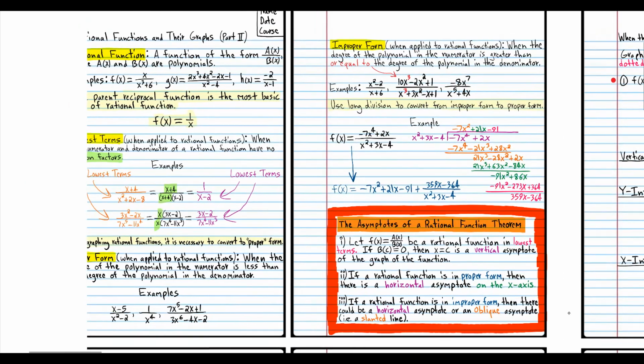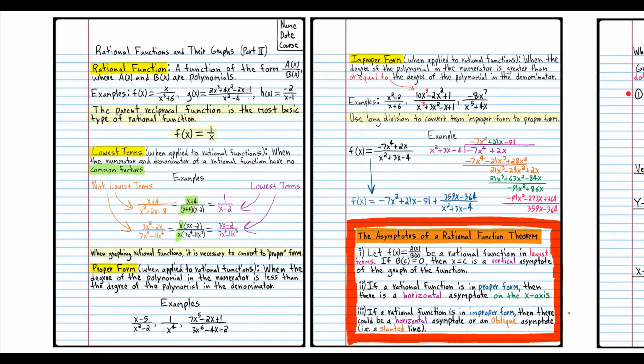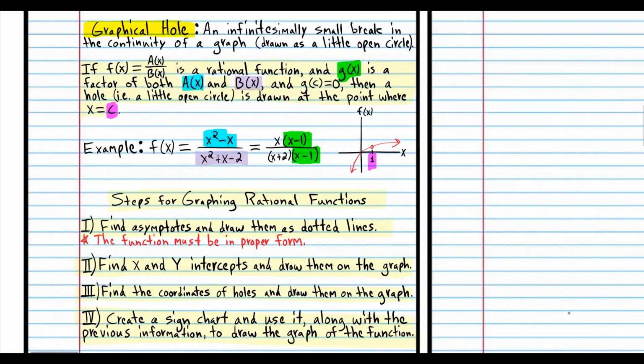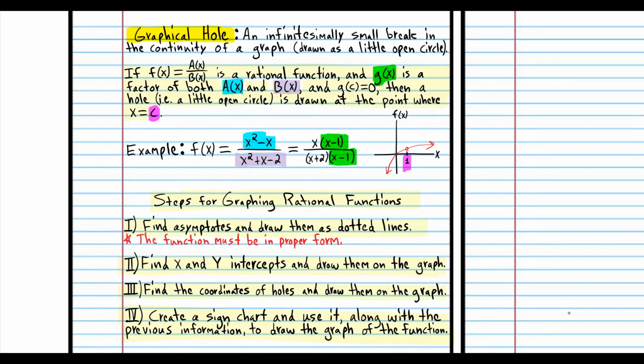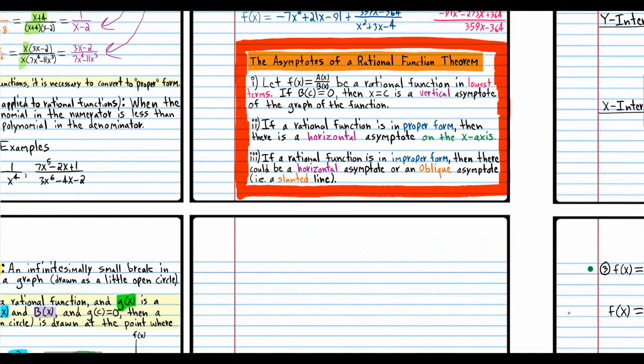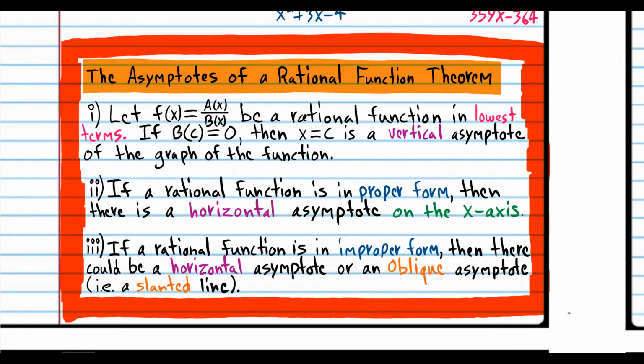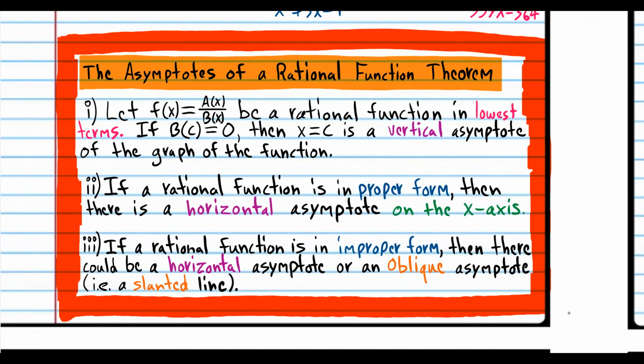So I want you to get a picture of all this information and get a picture of this information here. Most of this information you've already seen, but we just have that extra part here that you have not seen. So again, in the previous class, we dealt with situation number 1, where we found the vertical asymptotes, and we also dealt with situation number 2.